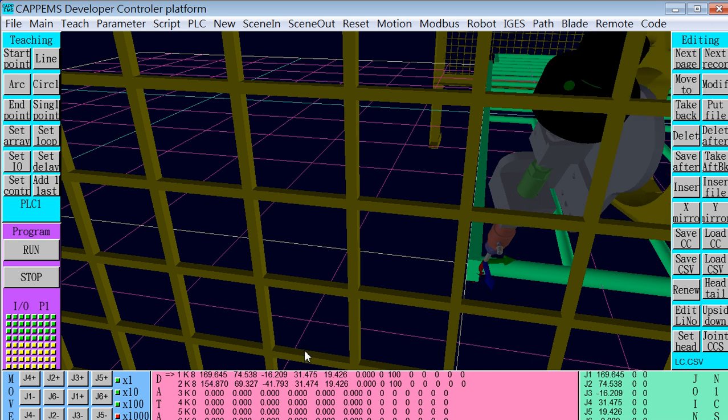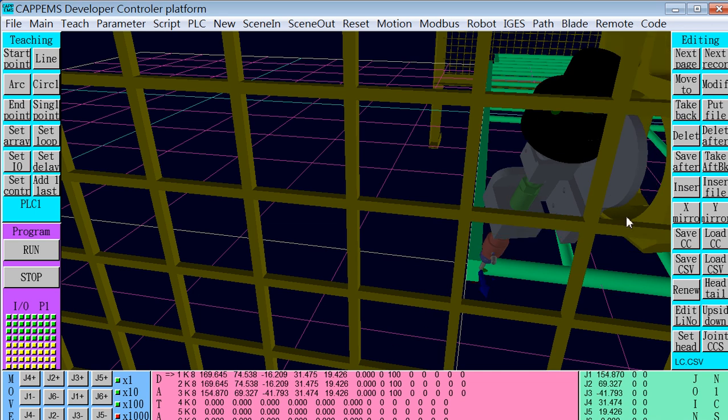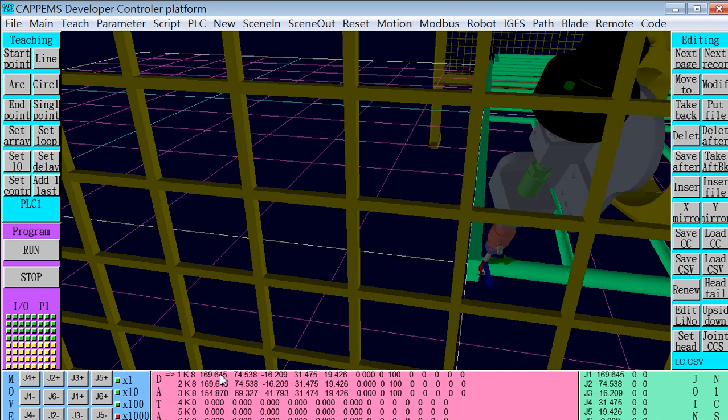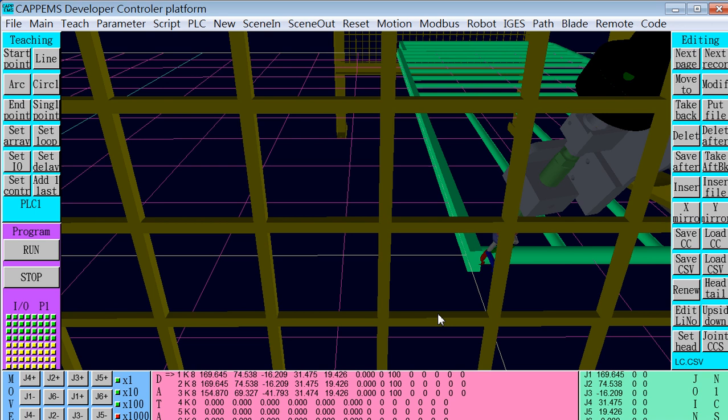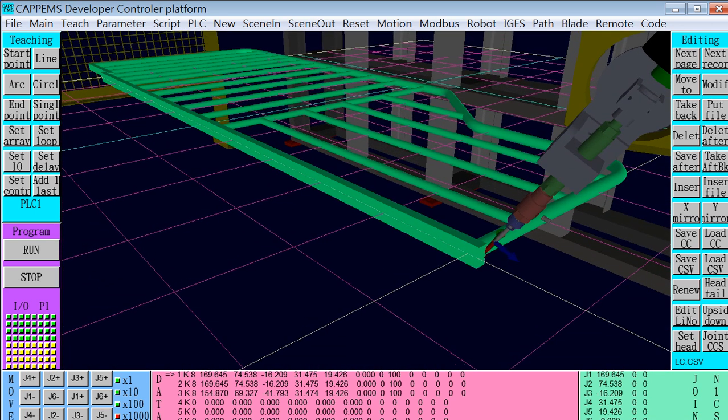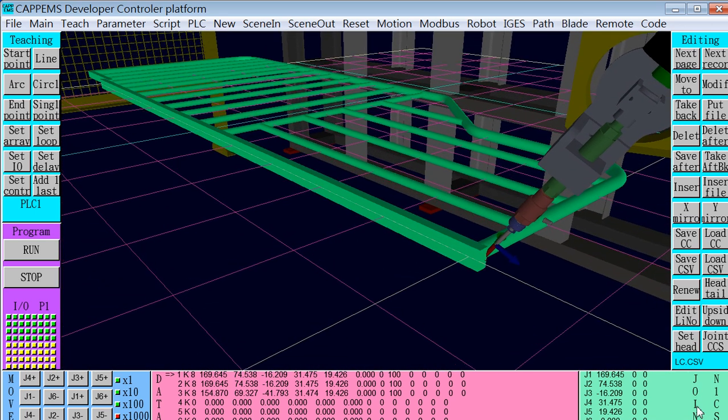Move to the first point. Then we have to turn the tool to the 0 0 BC position. So the same, we insert 1. Move to the first point. Change B first. This point doesn't move. Adjust the tool. We have to use Cartesian coordinates.